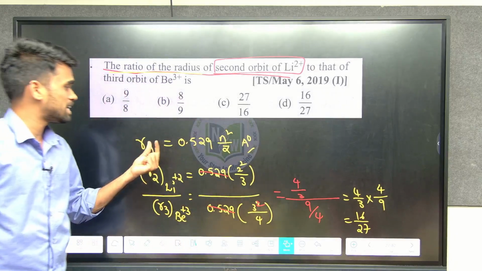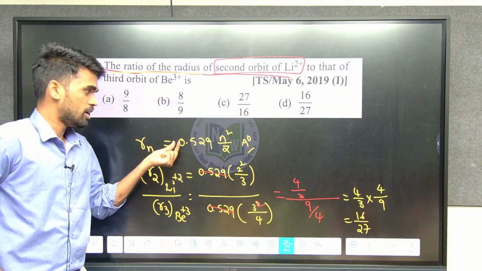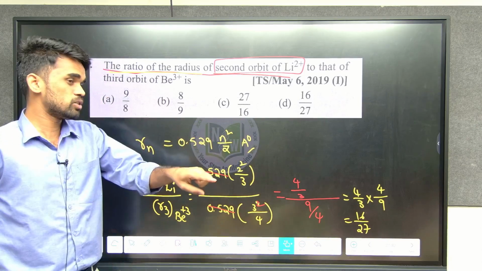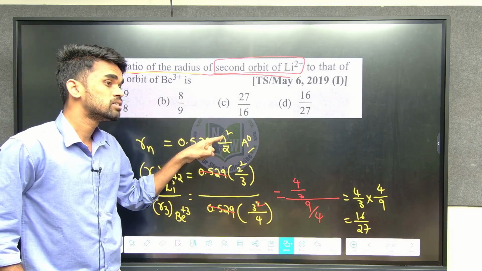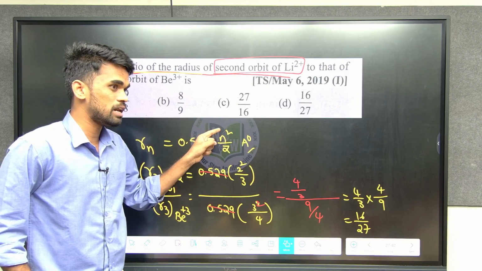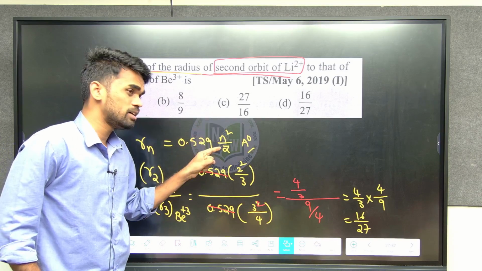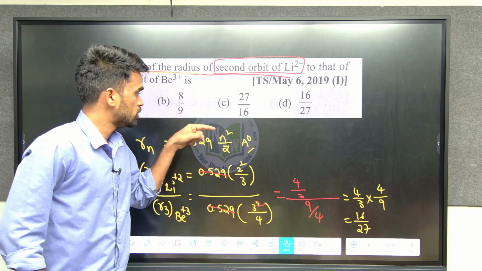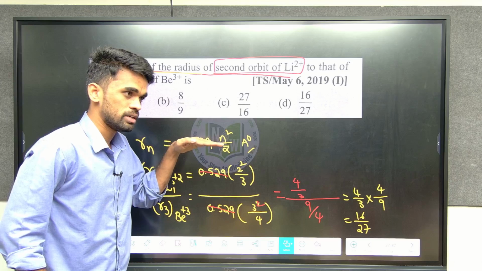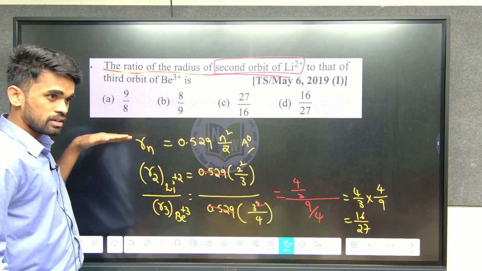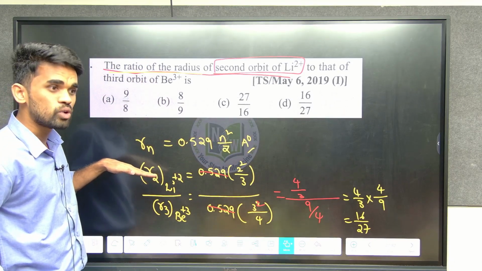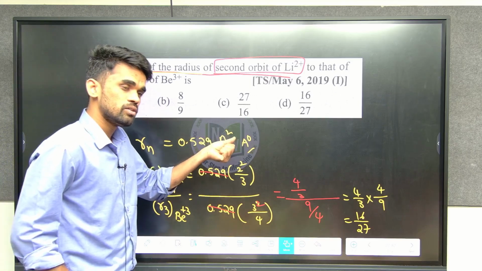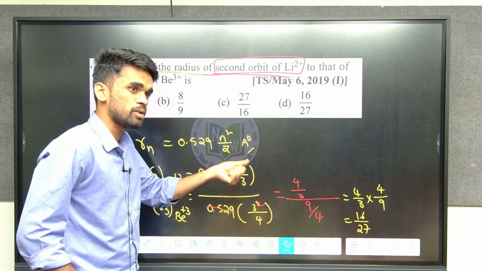See what we did: what is the radius formula? 0.529 n square by Z. In this same formula, what n value did I give in the question? Second orbit, so n is 2 square. Below, Z, the atomic number of helium ion, is 2. 2 square by 2 gives 1. Since I said ratio, now the other one below: R4 of the same, 0.529 fourth orbit, 4 square by 2.